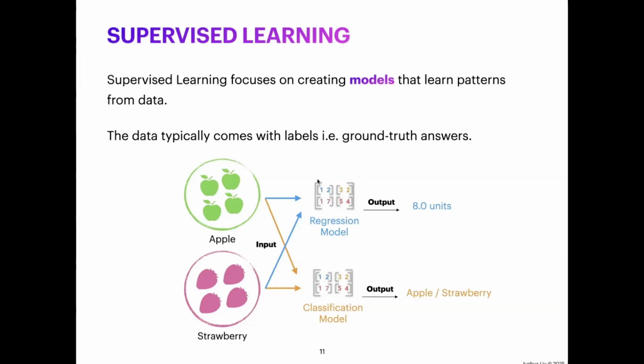In another case, a regression model may generate continuous outputs, like here the number of items in a given example. If we pass all these into the regression model, the model may guess at least 8.0 units of items within this set of items given. These two are the most common types of supervised learning models.